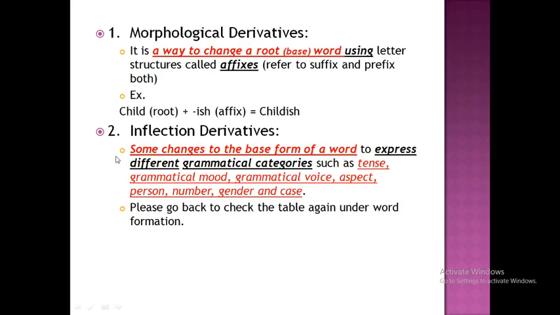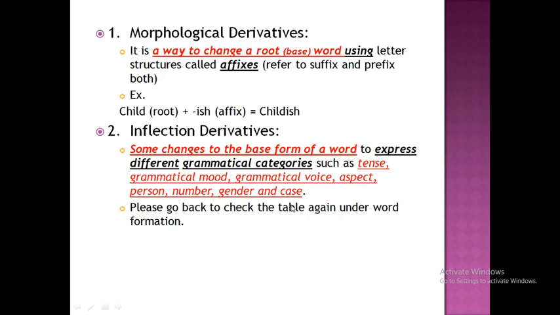The second one is inflection derivatives. Please refresh your memory. I explained the same thing earlier in word formation as some changes to the base form of a verb. When we make changes to the base form of a verb to express different grammatical categories such as tense, mode, voice, and aspect, with respect to person, number, gender and case, then it is called inflection derivatives.